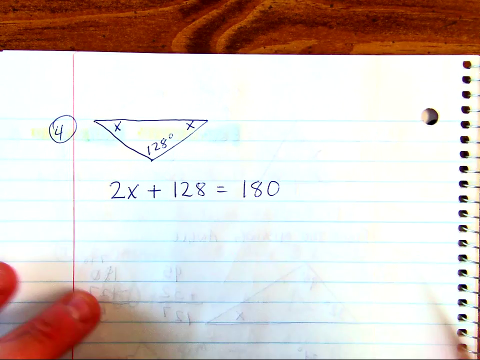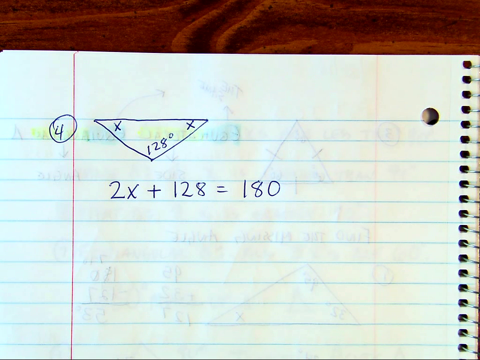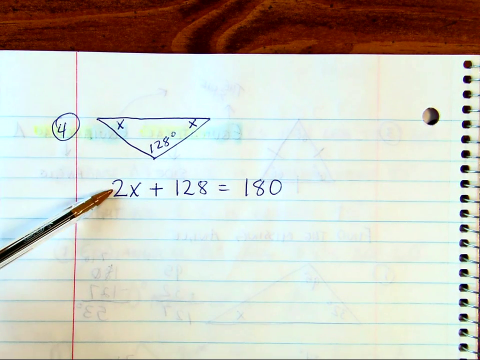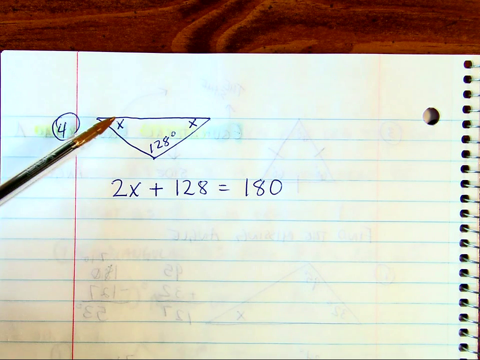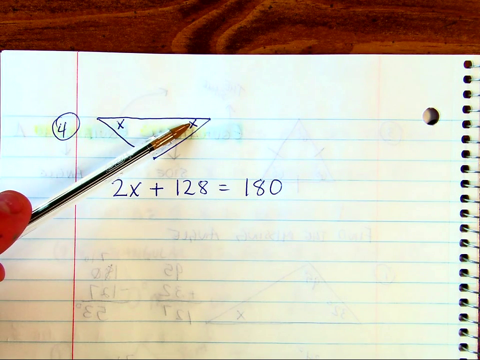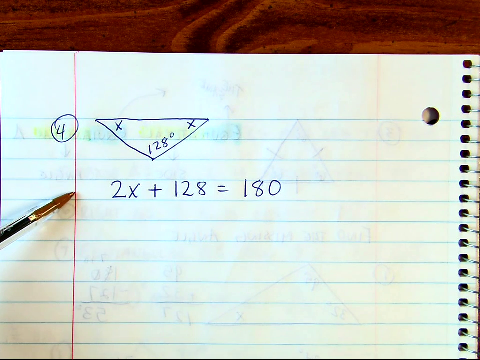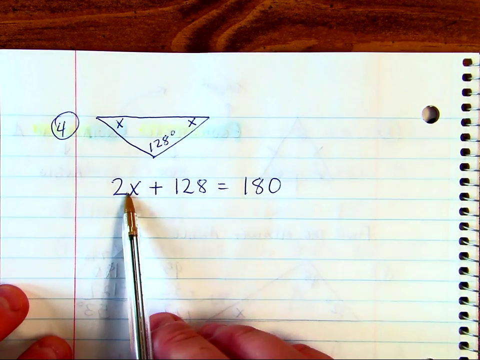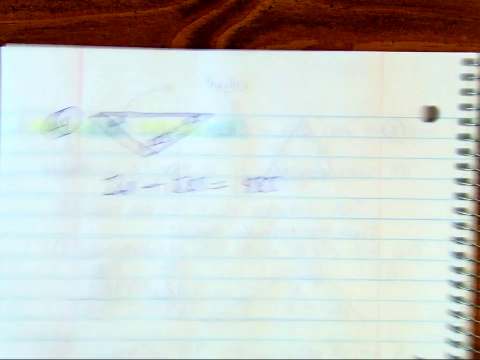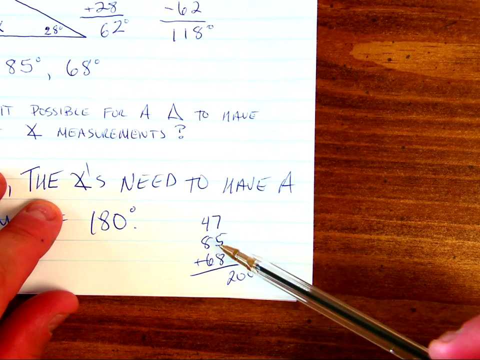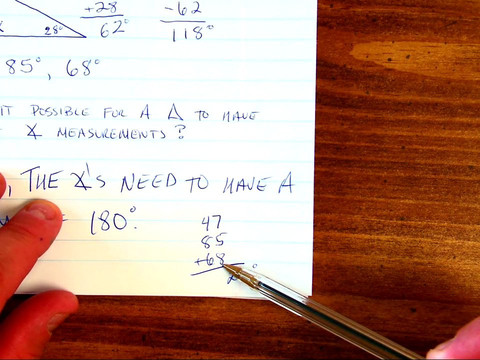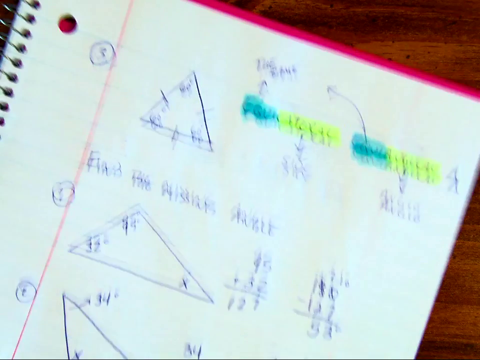The reason why I have 2x is because literally there's 1 and 2. So that's 2x. And we'll add to the 2x the 128, because, correct me if I'm wrong, but didn't we add all three angles together in that last example? Okay. So we need to make sure that we add all three angles together.